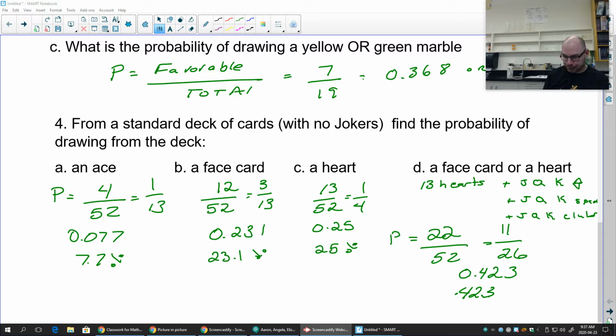Okay, so there's some examples. Sometimes it's a little bit tricky. You have to make sure you don't double count something when they put an or in there. So ors can be tricky. The last type of probability question is a 6-sided roll.